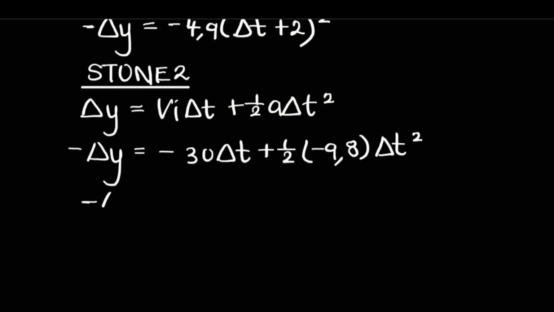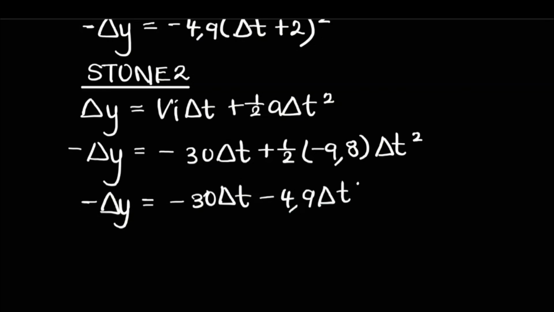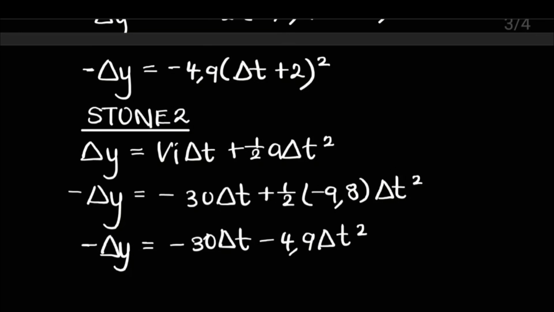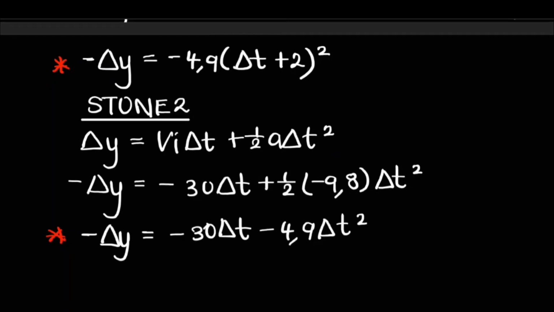Okay, let's simplify. So our next step is to equate these equations together, because you're going to notice that they are both equal to negative delta y. So we can equate them to each other. That's going to be our next step.